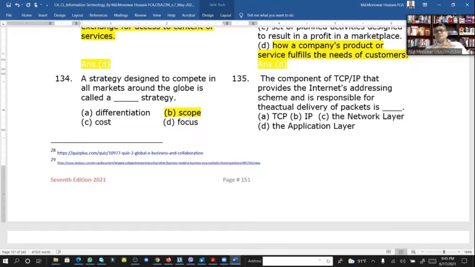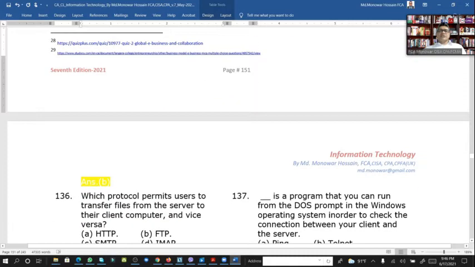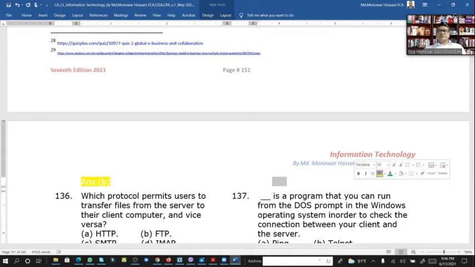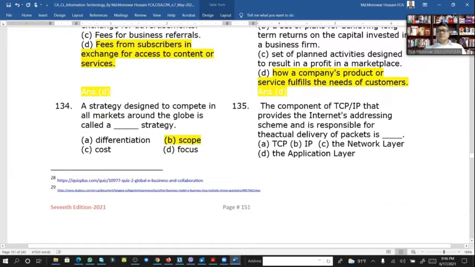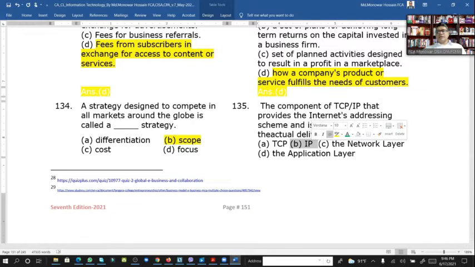The component of TCP/IP that provides the internet address scheme and is responsible for the theoretical division of packets is: TCP, IP, network layer, application layer. So the answer is Internet Protocol, IP.